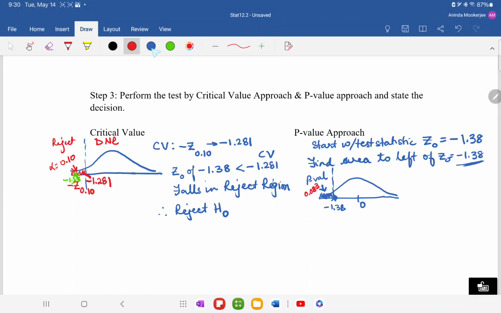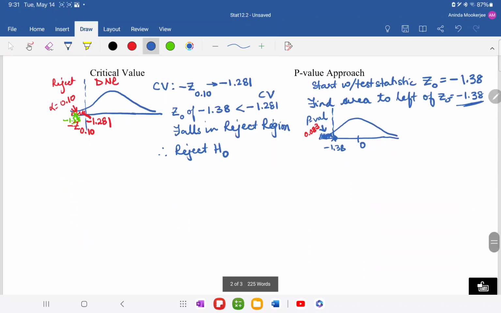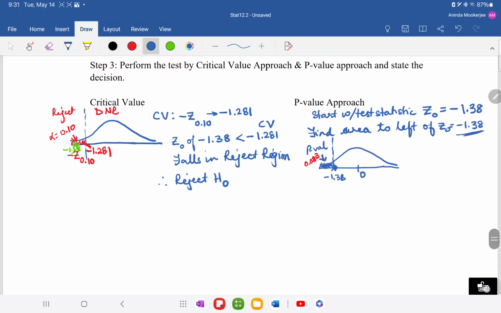So the p-value is 0.083. That's the probability of finding a test statistic value of negative 1.38, assuming the null hypothesis is true.